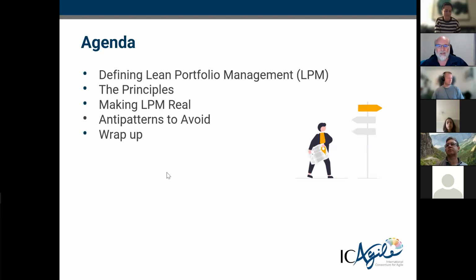The agenda for today is we'll define what we mean by lean portfolio management. Then I'm going to go through the 9 principles that we have. After that, I'm going to ask for your thoughts. Then I'm going to give one example of an organization that in my own experience has achieved this, the way they worked and what they did.